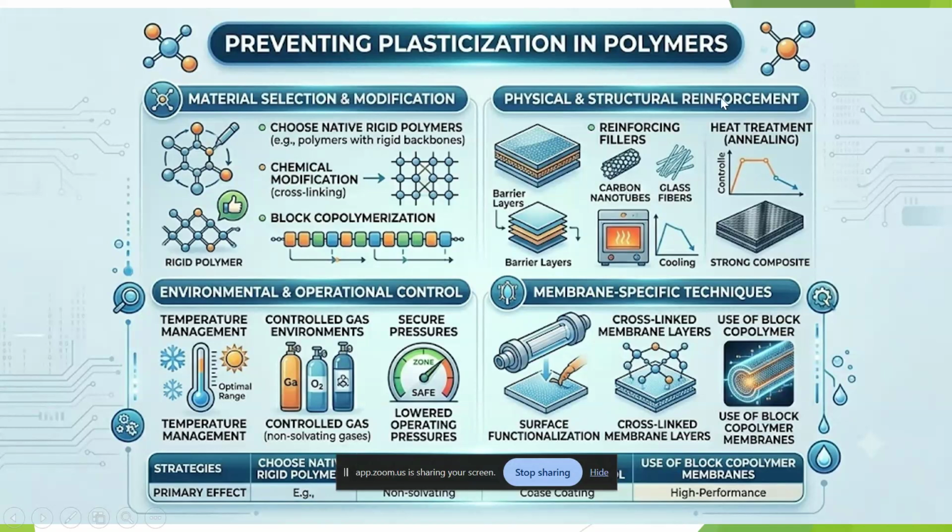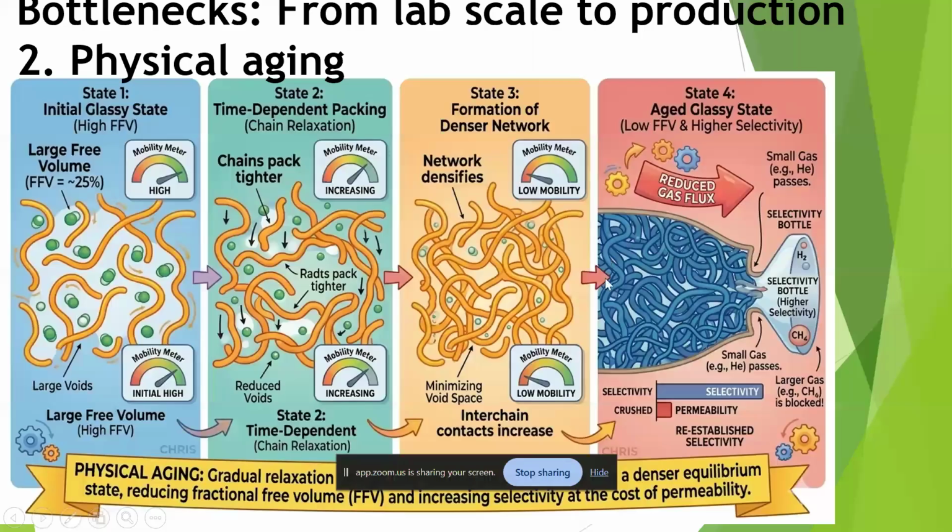Other methods are also there which are still not industry viable, yet we are making use of 2D nanomaterials like carbon nanotubes and glass fibers, and other methods like temperature management and lower operating pressures, in order to reduce the effect.